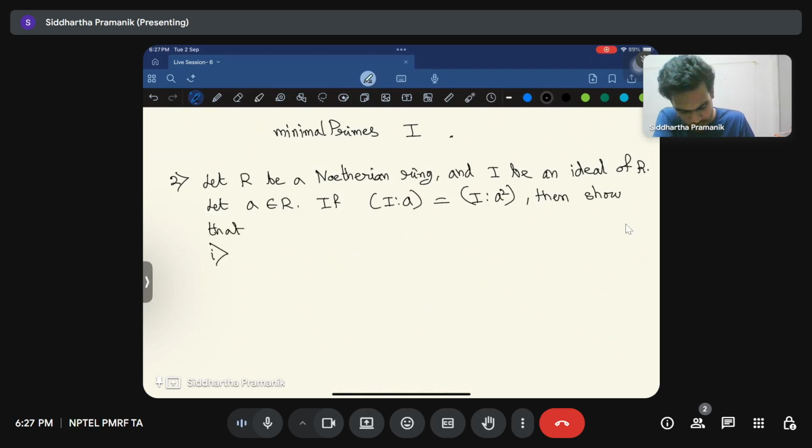The first one is I is basically I colon a intersection I plus the ideal generated by the element a.